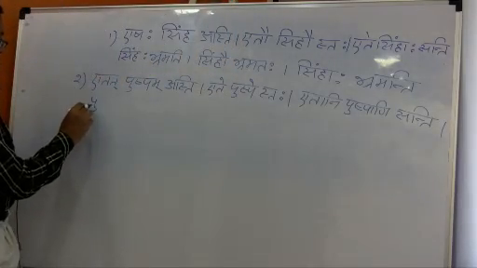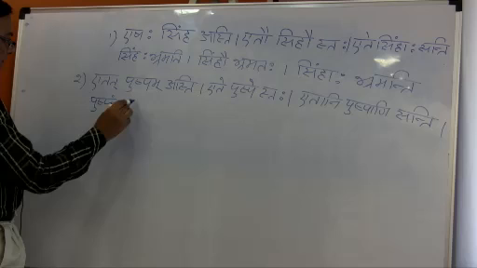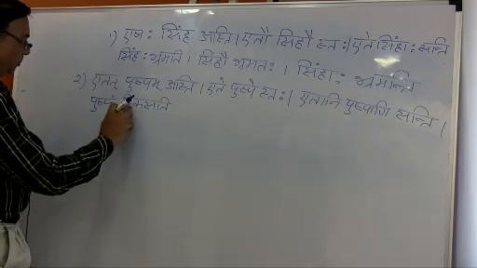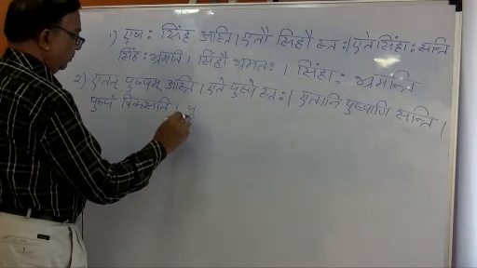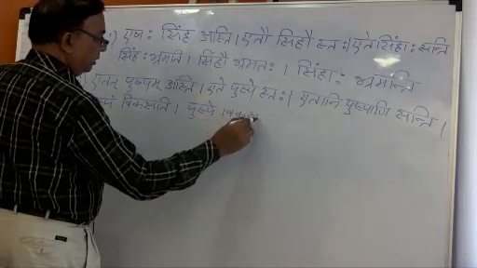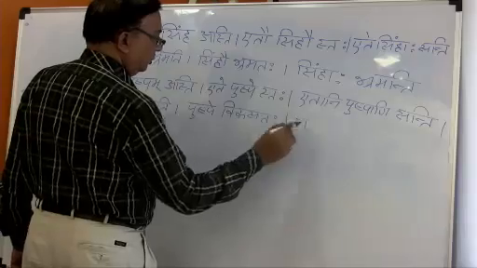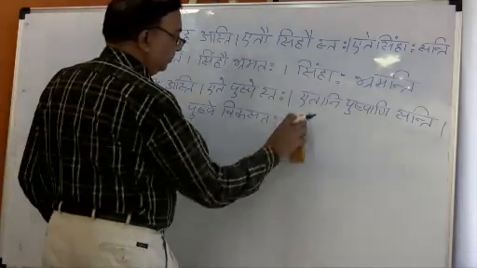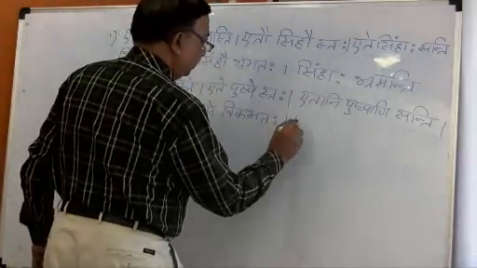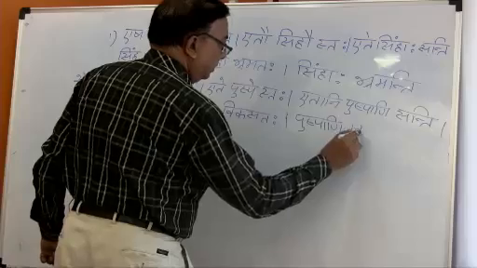Now pushpam vikasati. पुष्पे विकसतः. This is dual number. पुष्पाणि विकसन्ति.